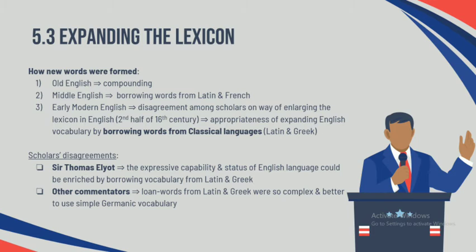He stated that he agreed with borrowing words from Latin and Greek, and it could enrich the English vocabulary at the time. While other scholars or writers didn't agree with that, and they stated that it was better to use simple Germanic vocabulary as the loanwords from Latin and Greek were so complex.